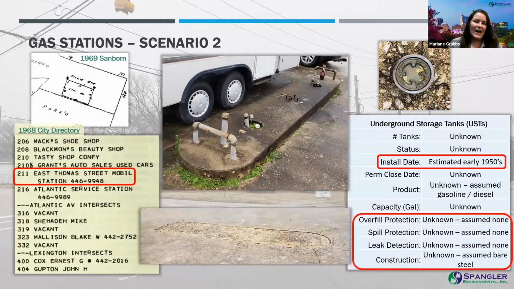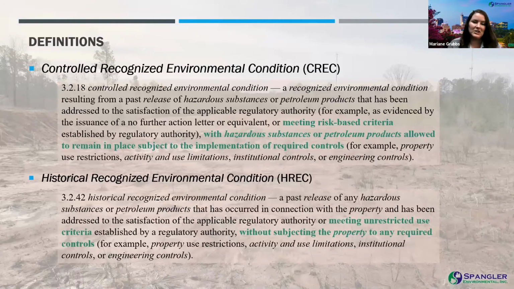Now let's take a look at two of the other defined terms that are up for revision. Both the controlled and the historical RECs are essentially RECs from past releases that have been addressed to the satisfaction of the applicable regulatory authority in one of two ways. Now, if it meets the unrestricted use criteria, it's an HREC or historical recognized environmental condition.